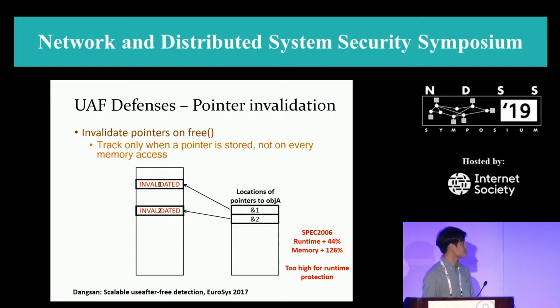But these lists of pointers can grow quite large, especially for pointer-intensive programs. So the memory overhead for SPEC benchmarks is over 100%, and the runtime overhead is still 44%, which can be acceptable for testing purposes, but it's not really acceptable for runtime protection.